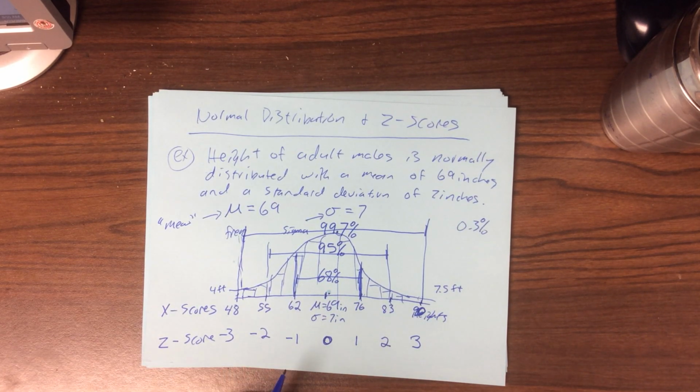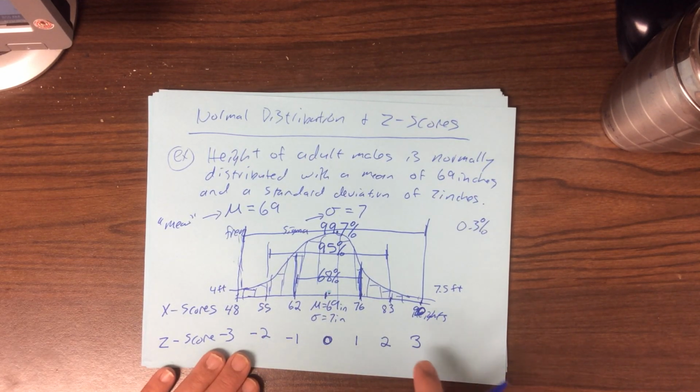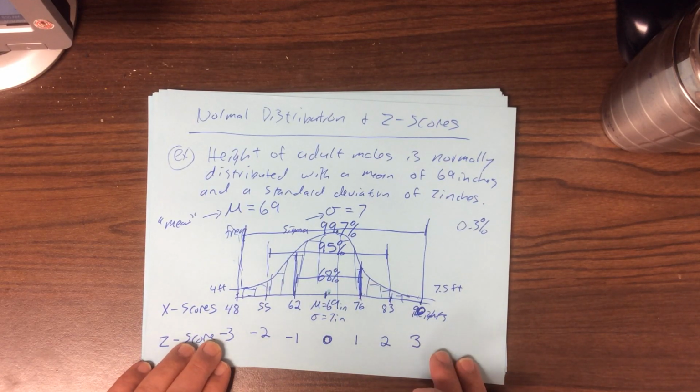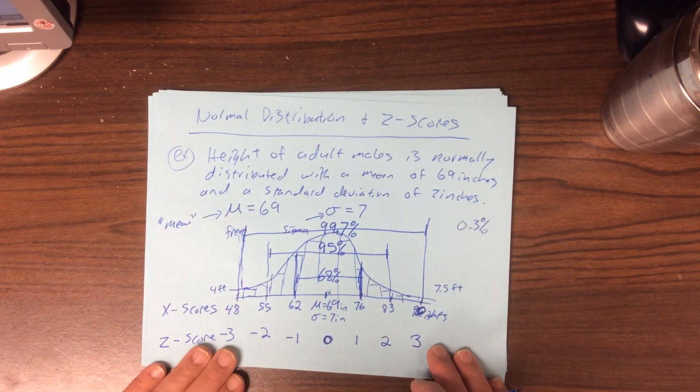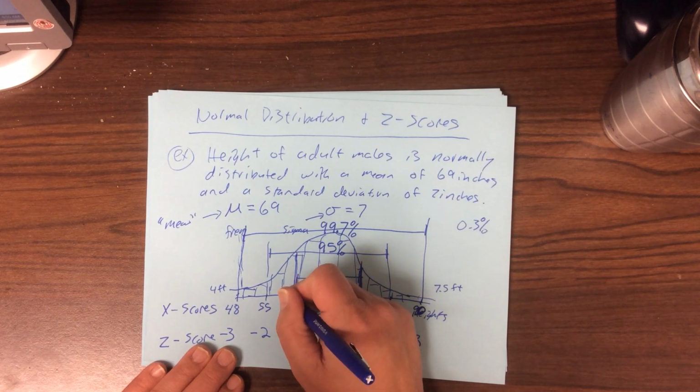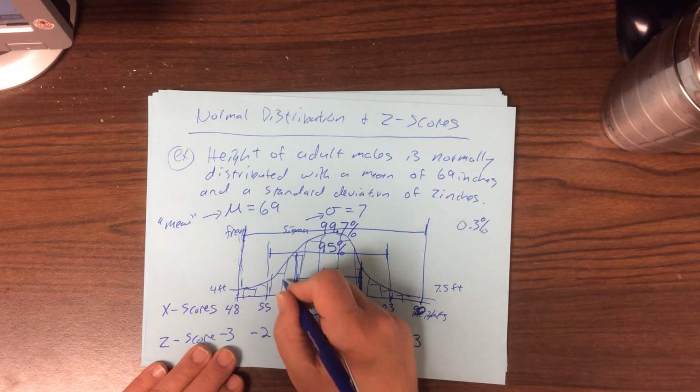Okay, the z-scores are like numbers between -3 and 3. They could lie outside of that, but by the time you get to -3 and 3, you pretty much have all of the data. These are the whole number z-scores. Now you can have z-scores that lie between these.